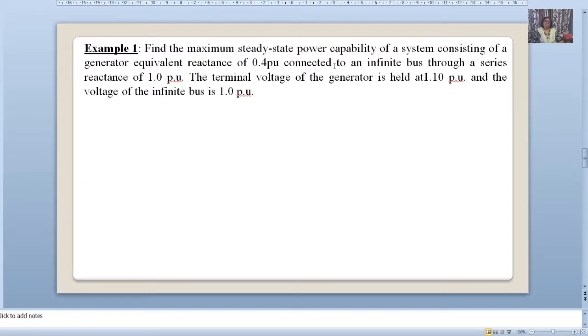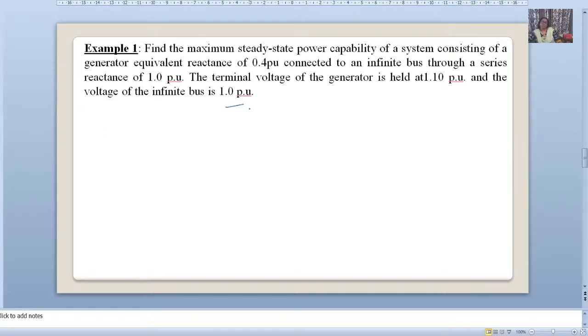Now we'll solve this example. Find the maximum steady state power capability of a system consisting of a generator of equivalent reactance 0.4 connected to an infinite bus through a series reactance of 1 per unit. The terminal voltage of the generator is held at 1.10, and the voltage of the infinite bus at 1 per unit.